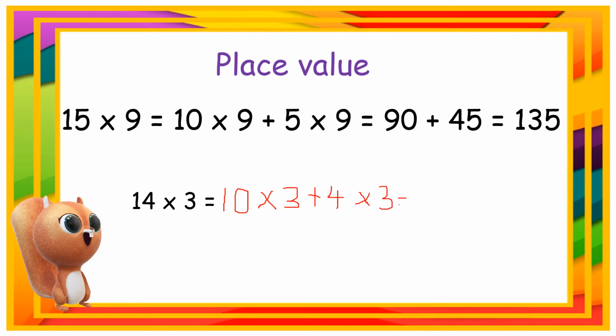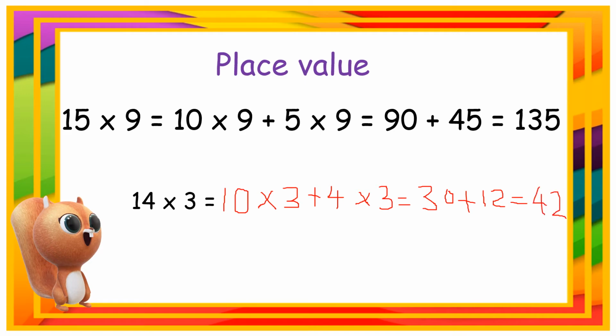So we know that 10 multiply 3 is what? 30. And 4 multiply 3 is 12. And when we add 30 and 12 together, what do we have? We have 42.